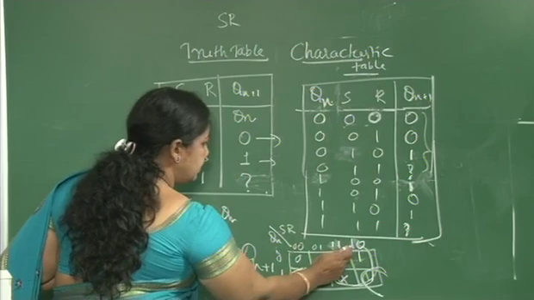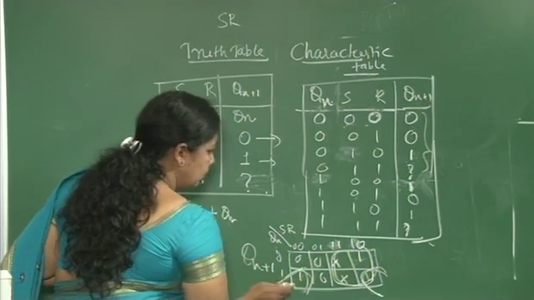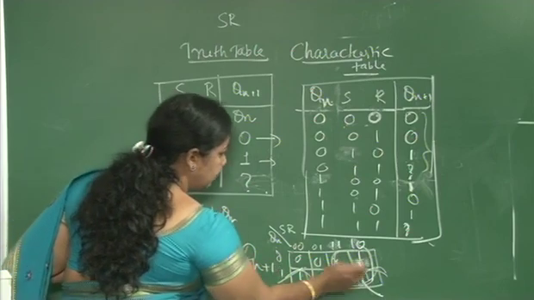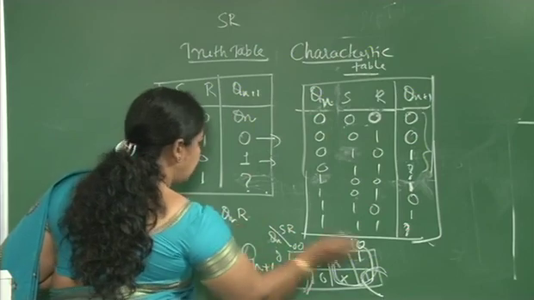So I have taken S here, it is common, and I am grouping these two corners, Qn, and I need to take the common here as R complement.